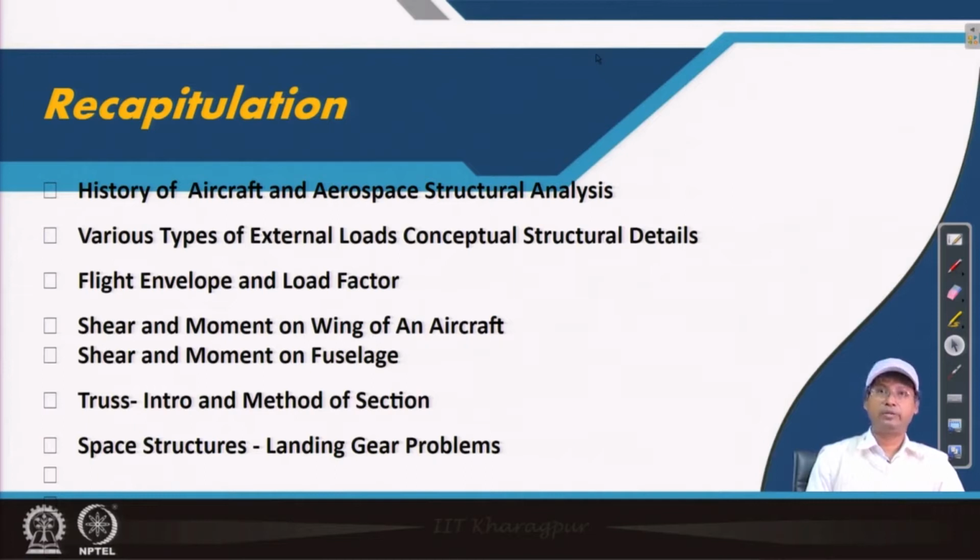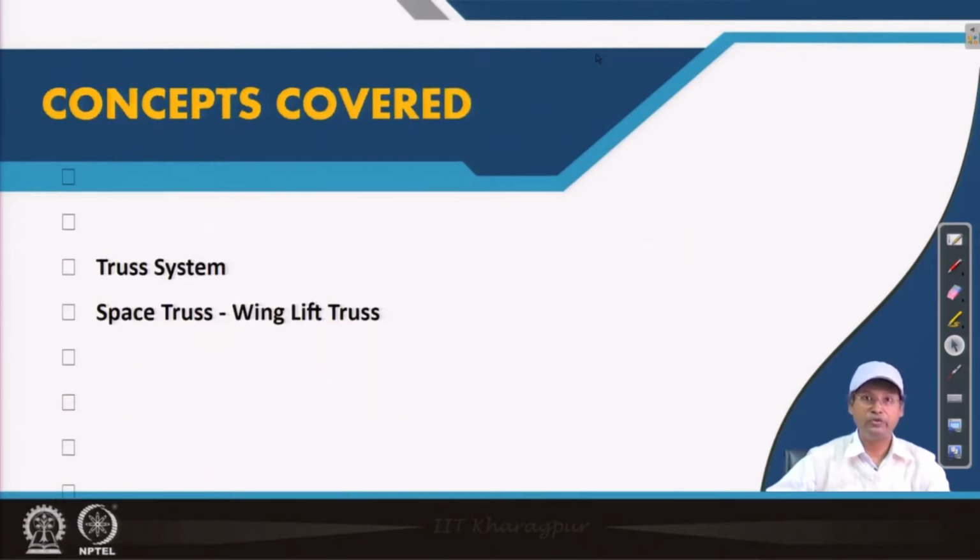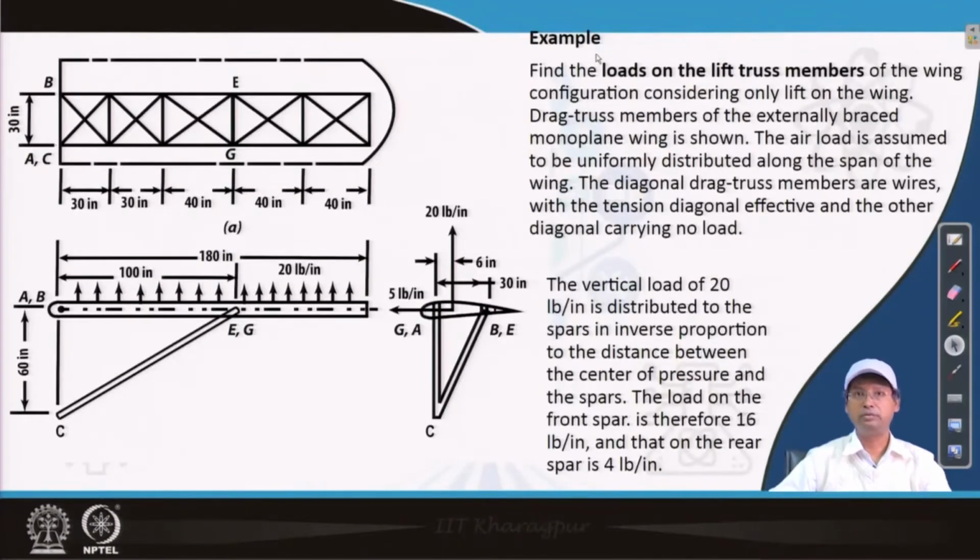In the last 4 lectures we have learned the simple truss system, and later on we considered the problems of landing gear as 3-dimensional truss structures. So, we will move forward today with a wing lift truss. Let us see how it is done and how we solve the problem.